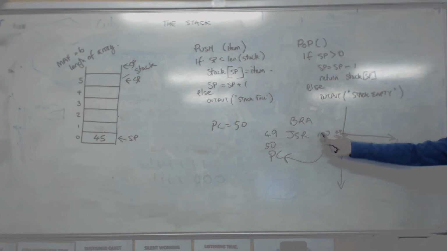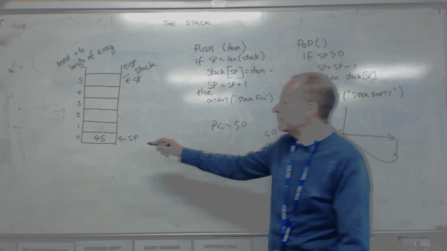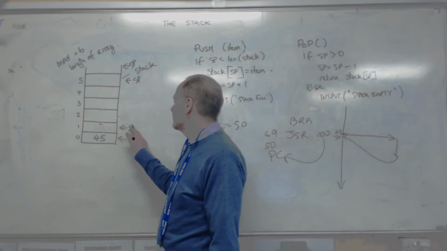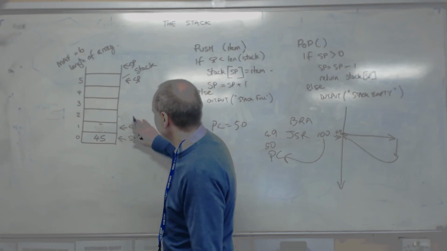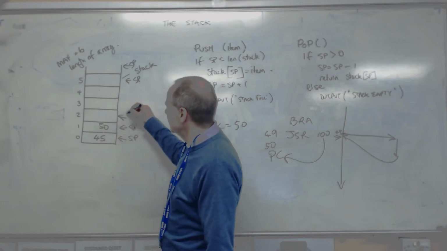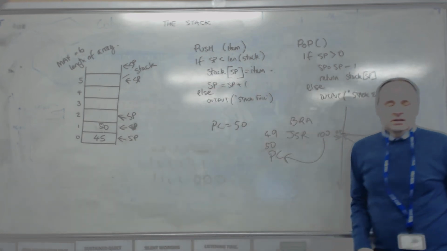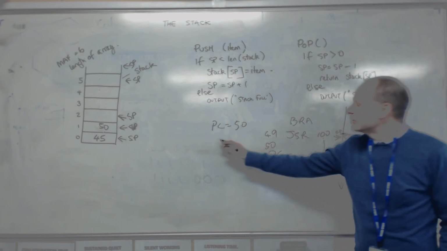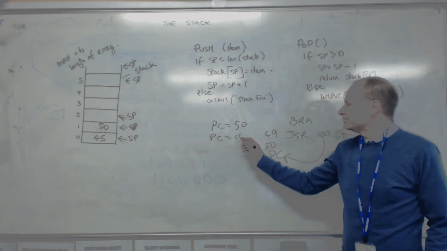So before I overwrite the program counter with 100, I go, oh, let's just push 50 onto the stack. So we increase the stack pointer, put the 50 in there. We can then overwrite the PC with 100, which is the operand for that instruction. So the PC then becomes 100.